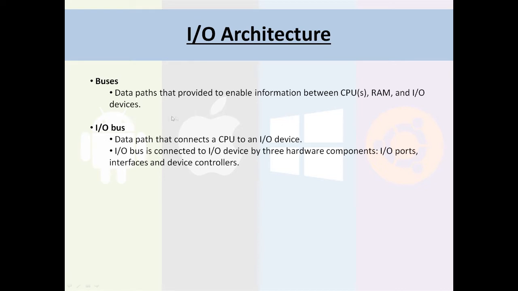It allows an electronic signal to flow along it, and based on the signal, you'll get your binary information. I'm not going to go too much into that, but that is basically how the data is transferred along this bus. Now, the input-output bus, like I've already mentioned, so I won't go over this again, is basically just the data path that connects the CPU to our input-output devices.